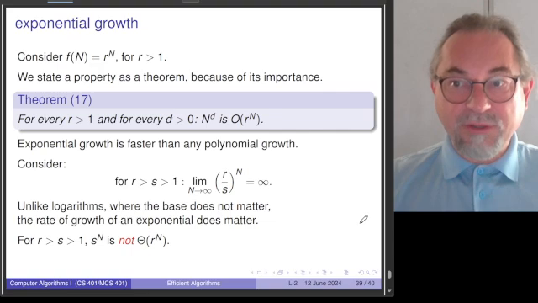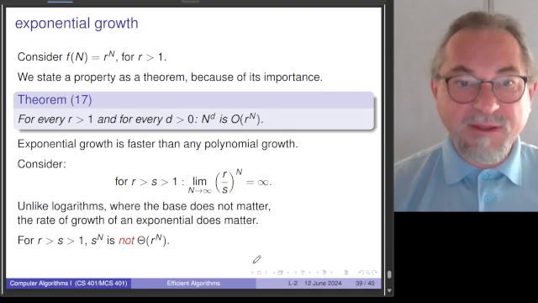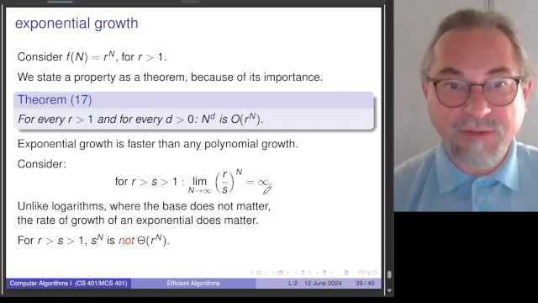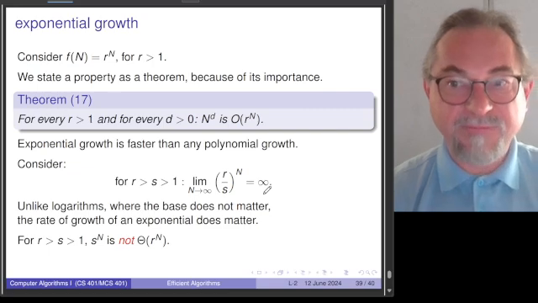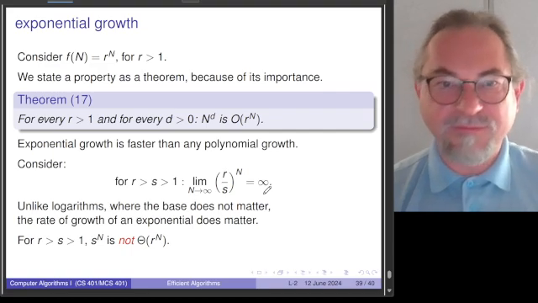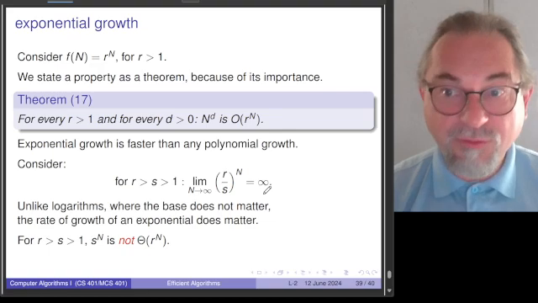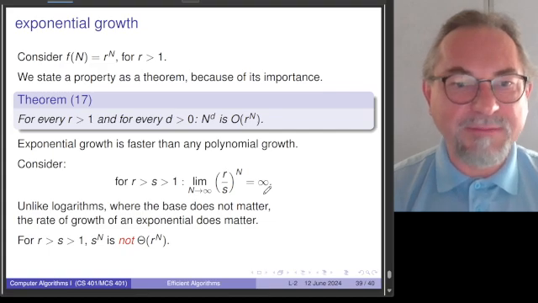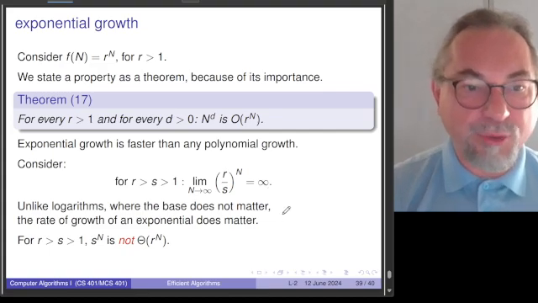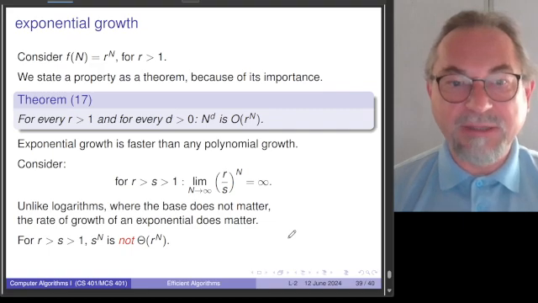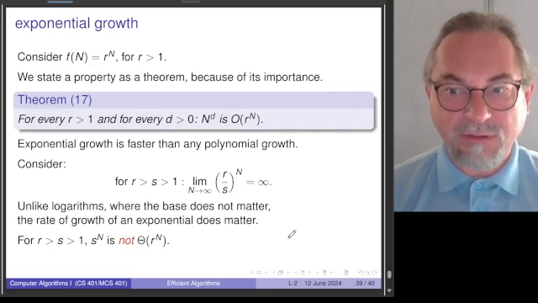So we always consider ratios, and the ratios in the limit must be constant. This is another way of expressing this. I hope at this time you are familiar with the limit notation, as you were after your calculus course. But here the point is that unlike logarithms, the base of the exponentials matters a lot.